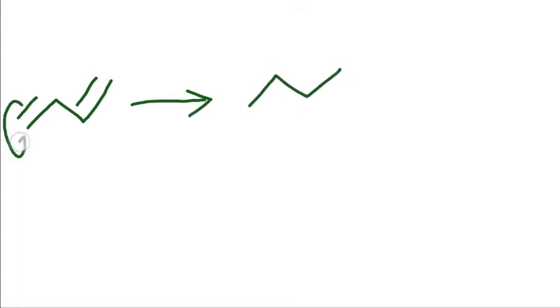Suppose a double bond has shifted to the first carbon atom. Let us number it 1, this is 2, this is 3, and this is 4. So it becomes negative here and positive here. This double bond particularly will be unaffected.